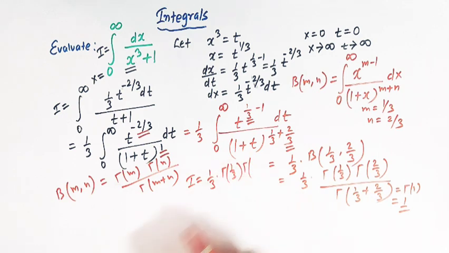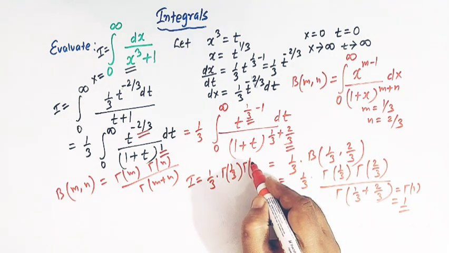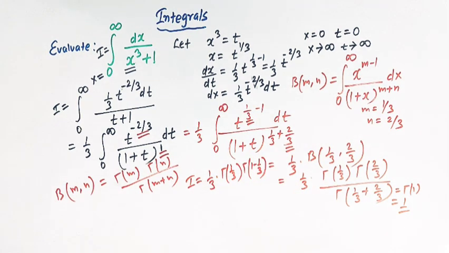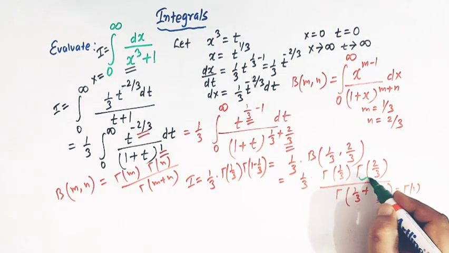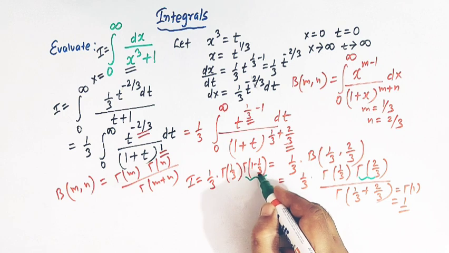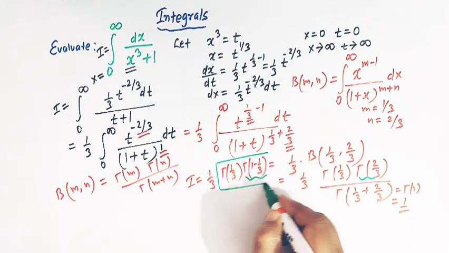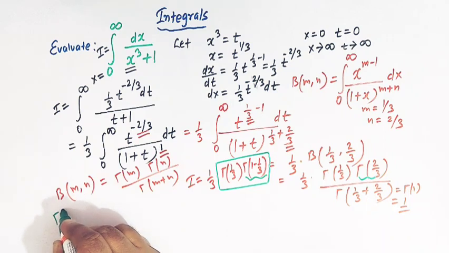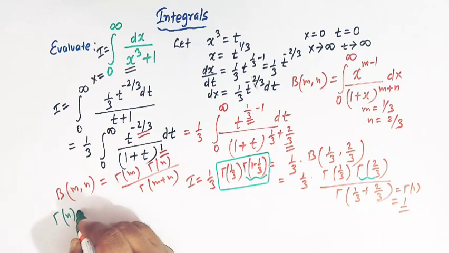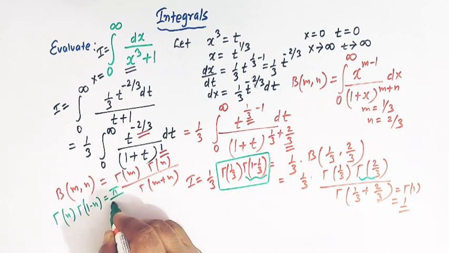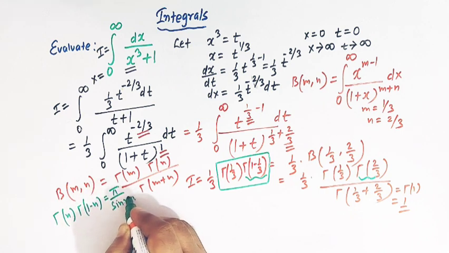So gamma of 2 by 3 can also be written as gamma of 1 minus 1 over 3, right? So the purpose of writing gamma 2 by 3 like this, gamma 1 minus 1 by 3, is because this expression can be written like this, that is gamma of n, gamma of 1 minus n is equal to pi over sine n pi, right?